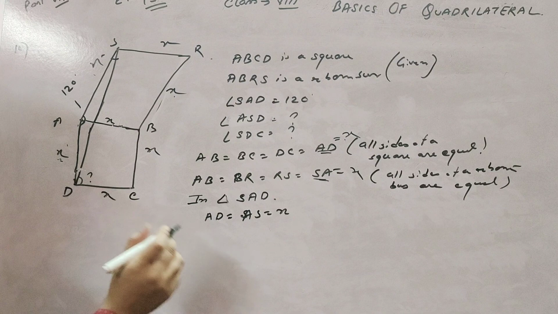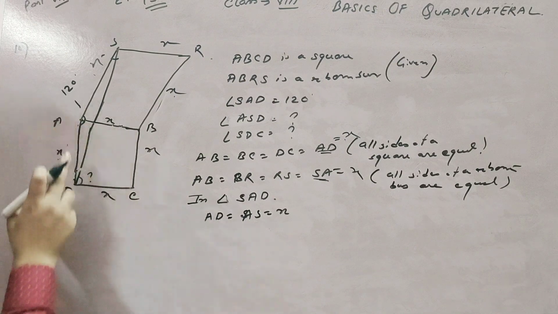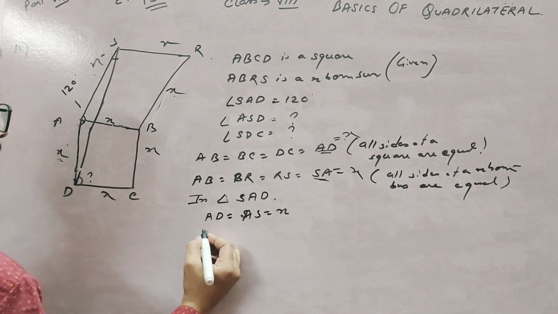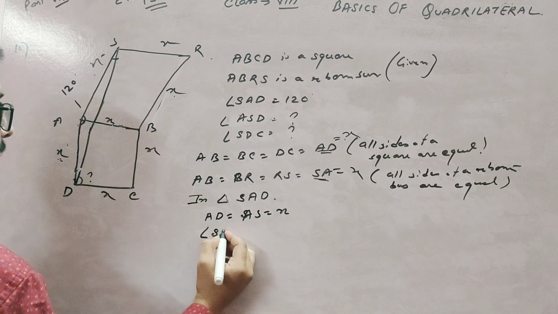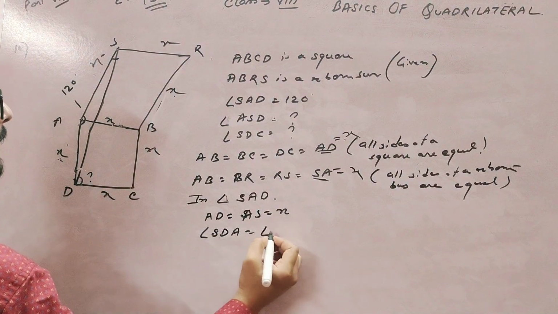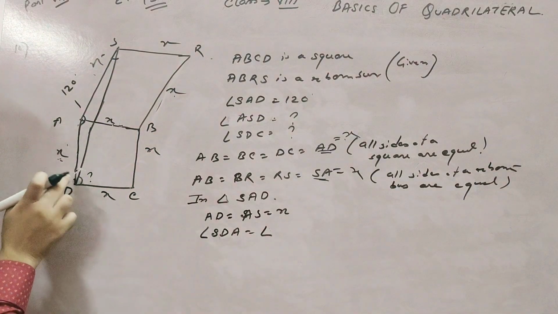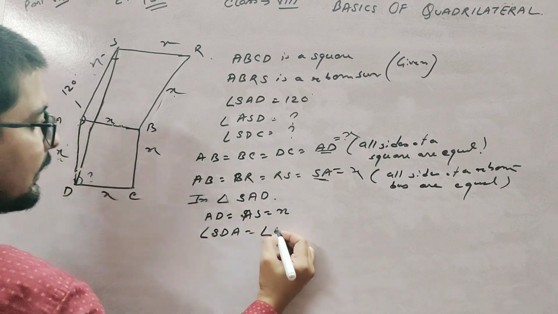We know that when two sides of a triangle are equal, then angles opposite to them are also equal. So therefore angle SDA is equal to angle ASD.